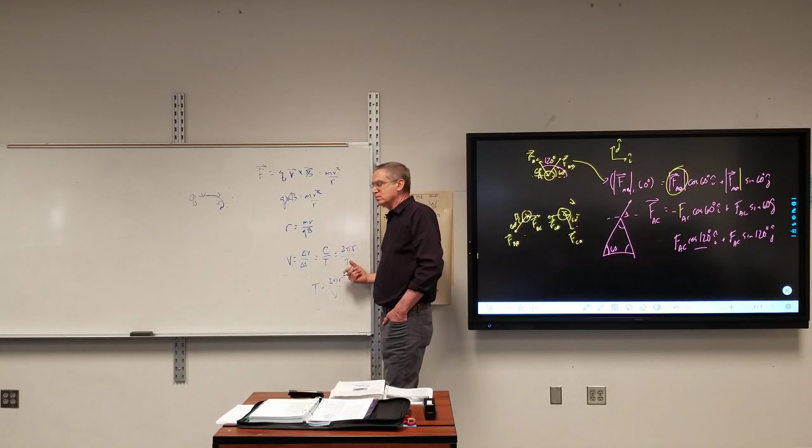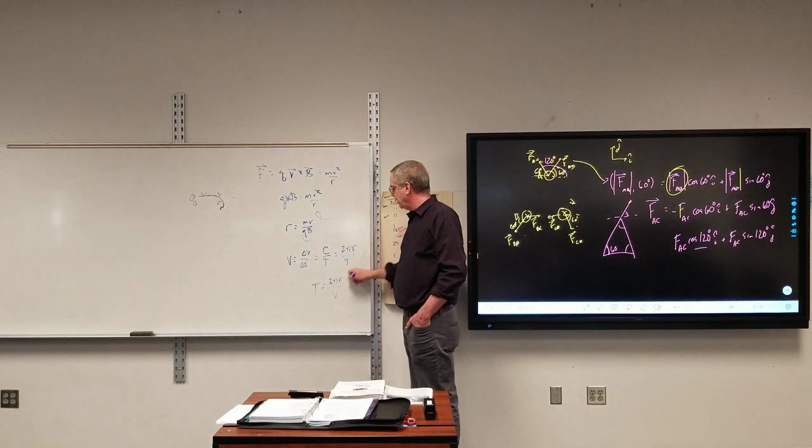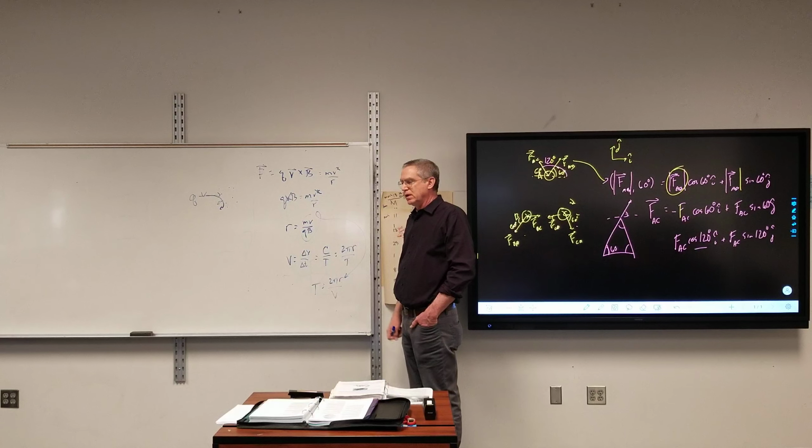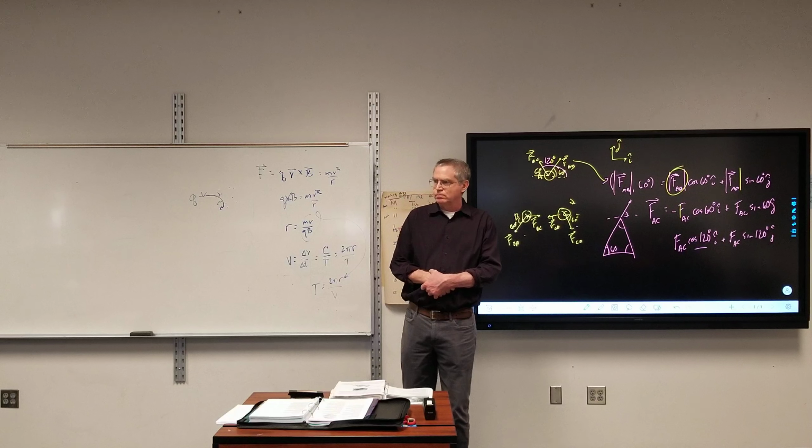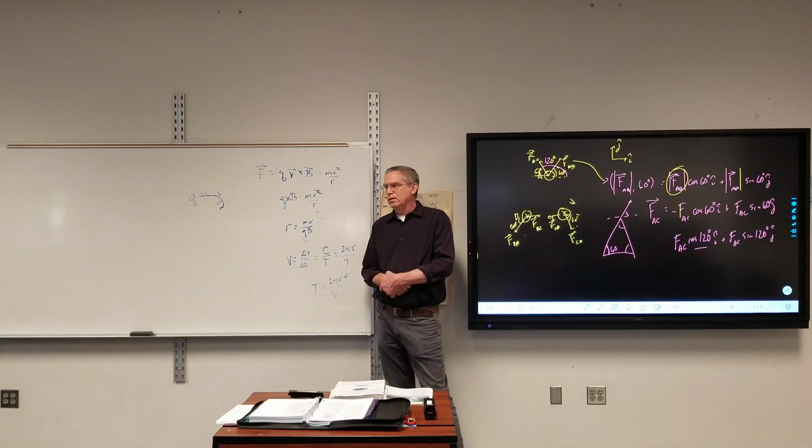Just solve for T, and then plug that in, and that v is going to cancel out with that v. Did I go too fast? No, I got it. You just did the qv cross B and then changed it into that.